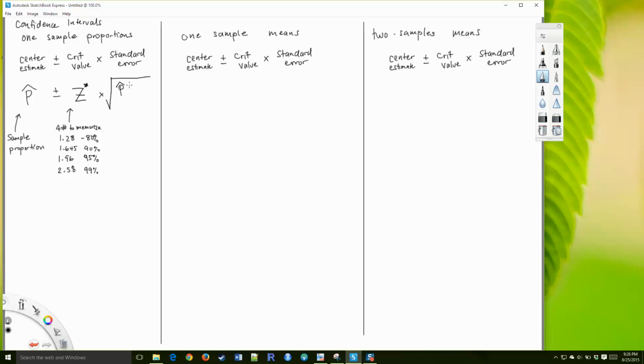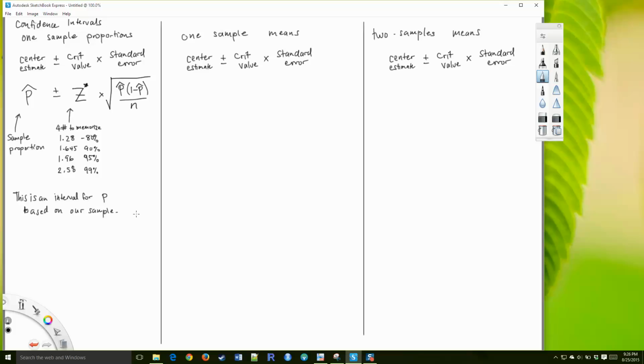And then the standard error is the square root of p hat times 1 minus p hat over n. This is an interval for p based on our sample.